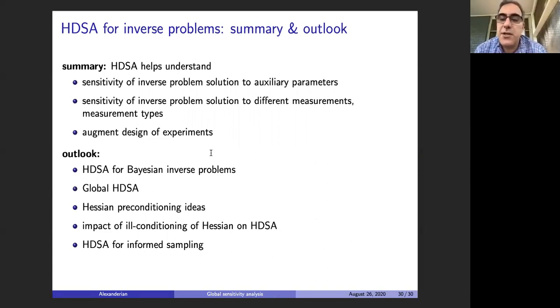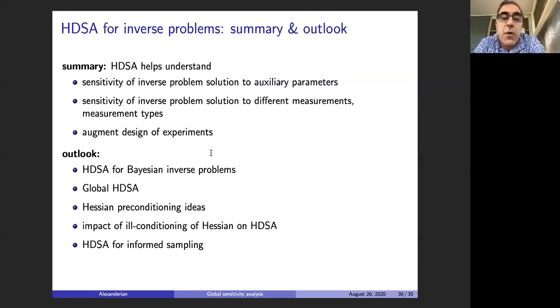Hessian preconditioning ideas. If you remember, the derivative operator involves Hessian solves, which is essentially what you do when you do a Newton step when you solve the inverse problem. So any preconditioning ideas that you have for that could be useful here, and one can explore more. The last two bullets are things that came up in discussions I've had recently with Joey Hart, who has been working on the impact of ill conditioning of the Hessian on HDSA.